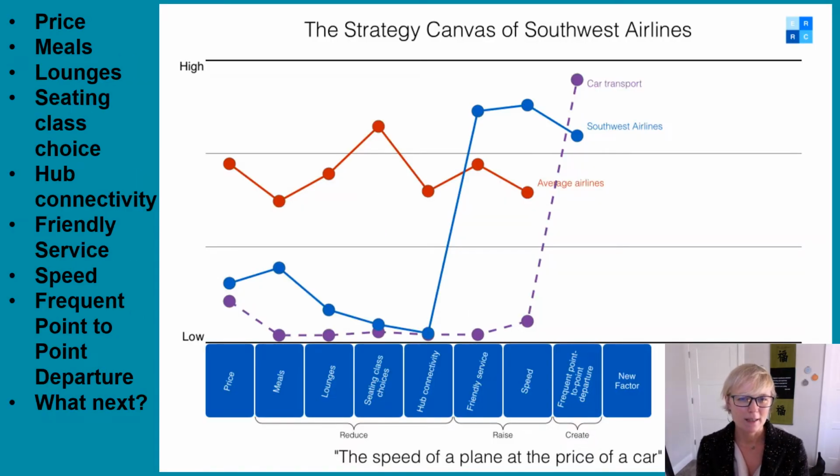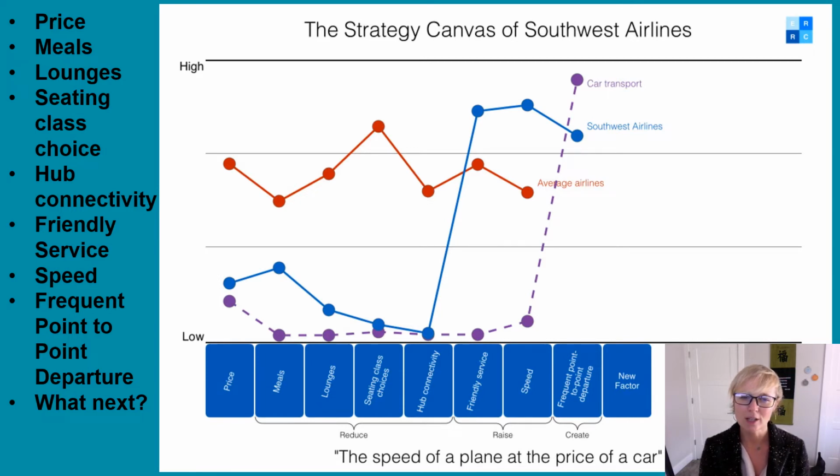So one really wonderful example of an organization that the blue ocean canvas is useful to expand our thinking on is Southwest Airlines. I don't know how familiar you are with them, but they were the original low-cost airline that didn't do things with frills.